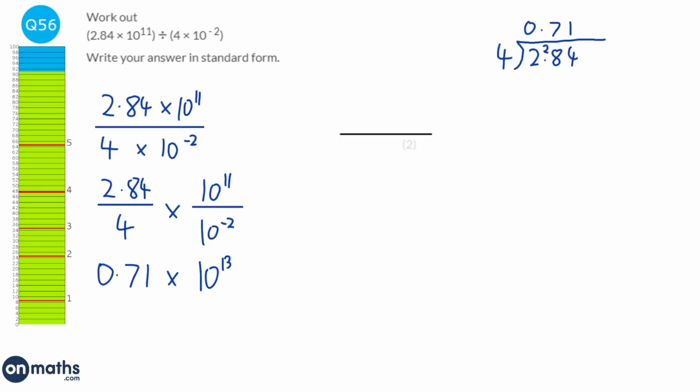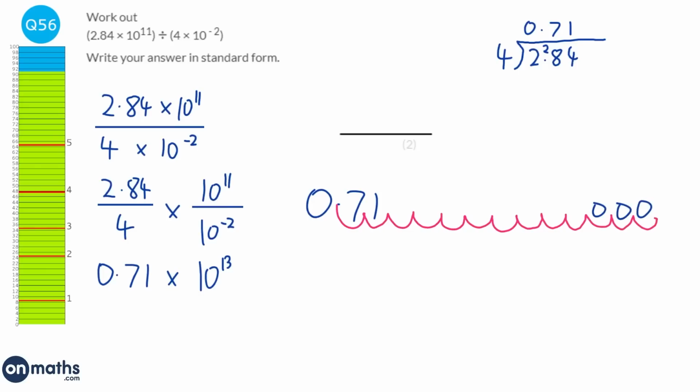Now we've got a bit of a problem here, because standard form must have a number between 1 and 10, and not including 10, at this position here, and this is obviously less than 1, so we need to convert this into standard form. So what we can do is just write the number out again. So I'm going to write this as an actual number, so it's 10 to the power of 13, so it would be 1, 2, 3, 4, 5, 6, 7, 8, 9, 10, 11, 12, 13.